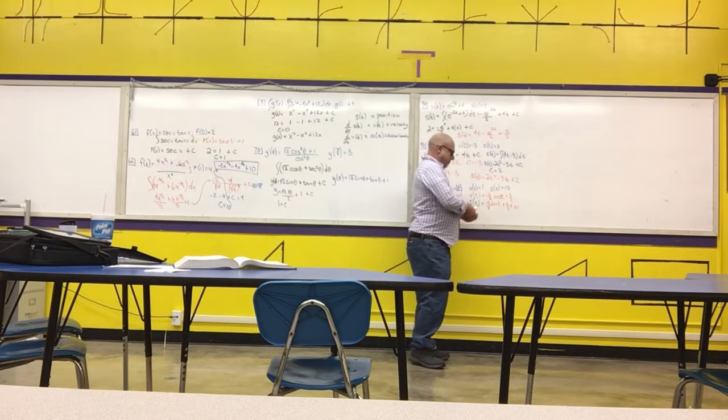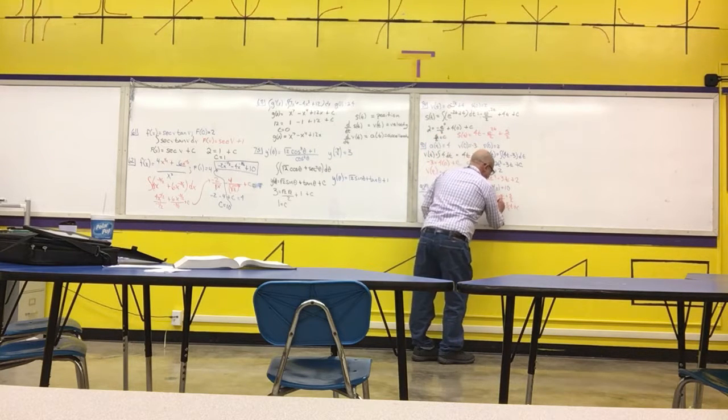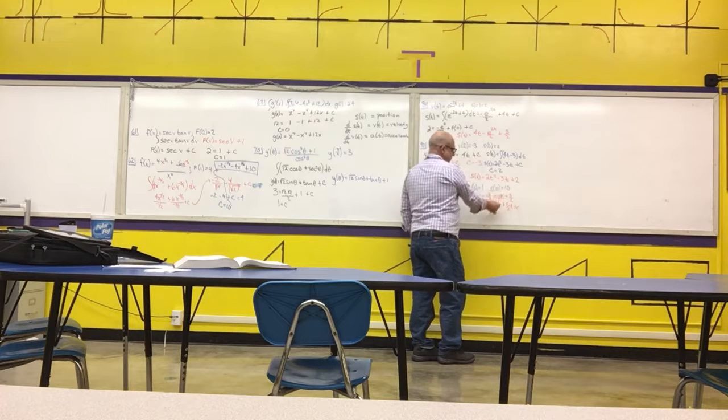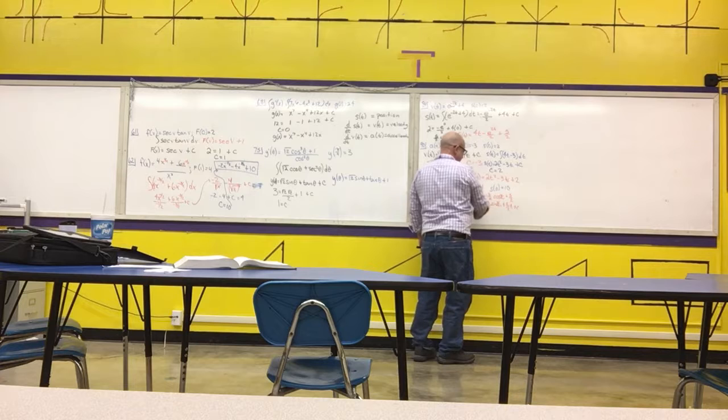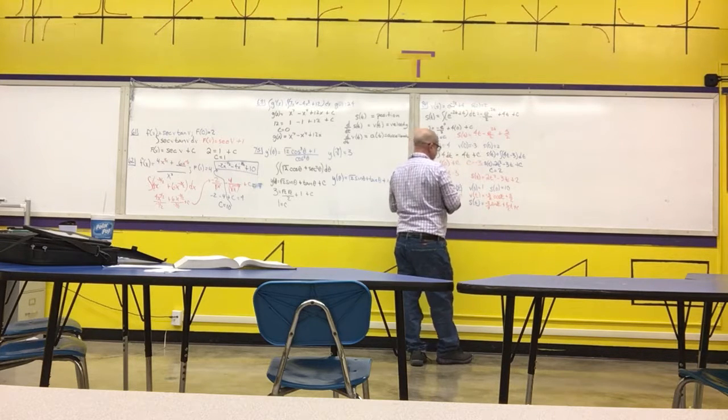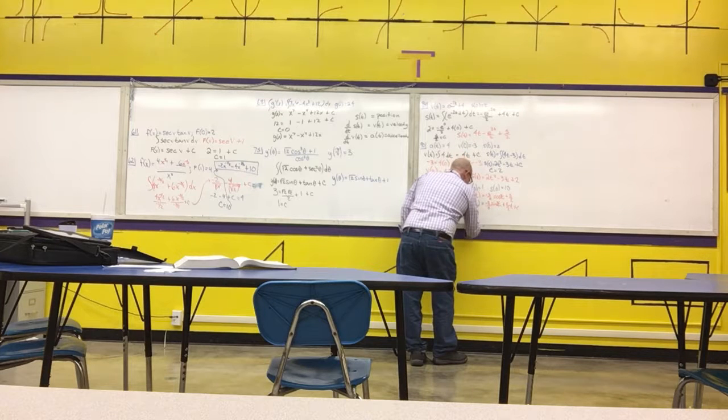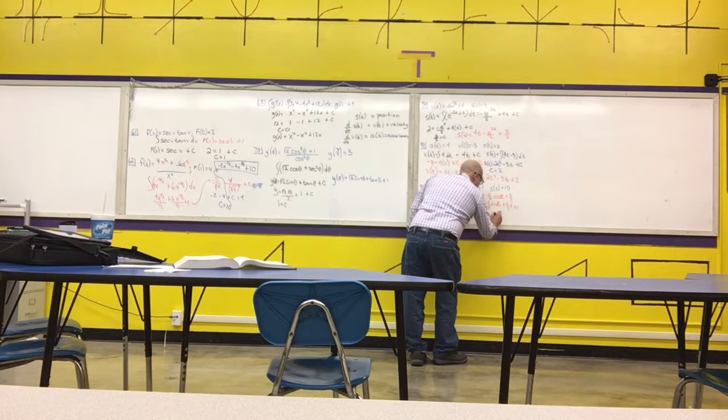The sine of 0 is 0, so that's 0. T is 0, so I get 10 equals c. So my final answer would be s sub t is equal to negative 3/4 sine of 2t plus 5 halves t plus 10.